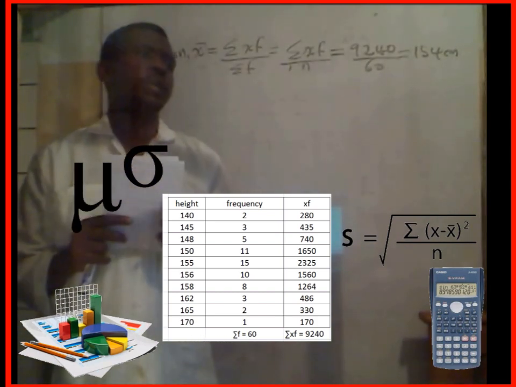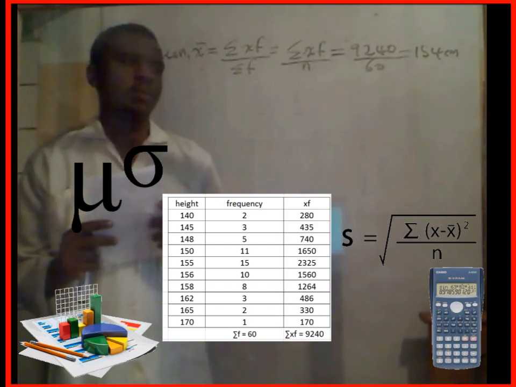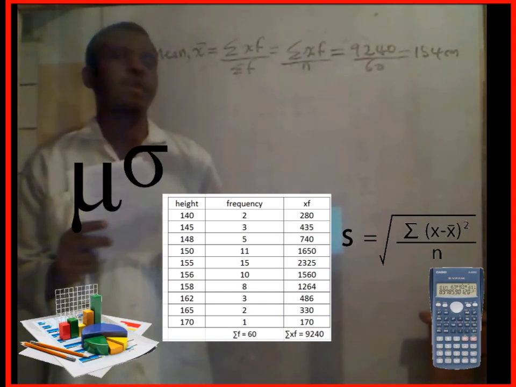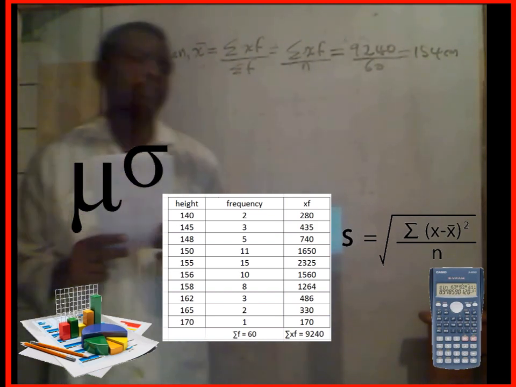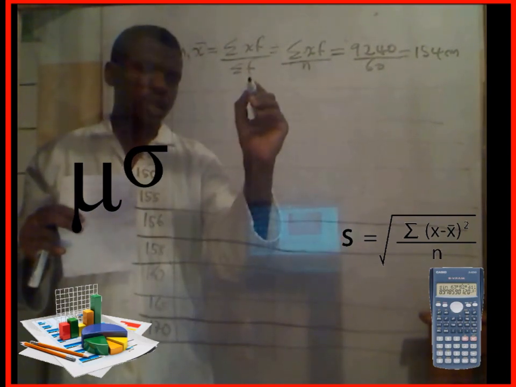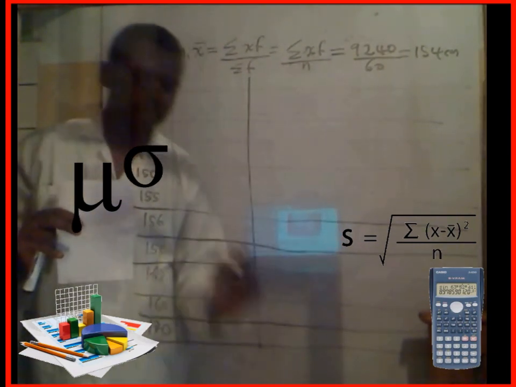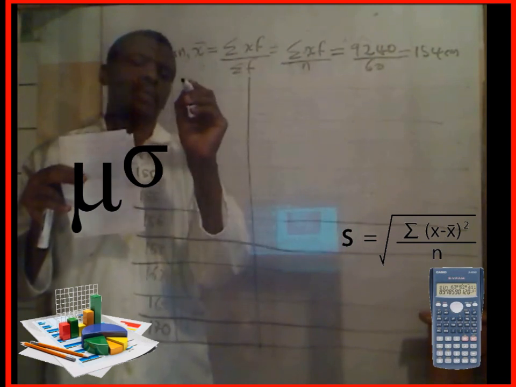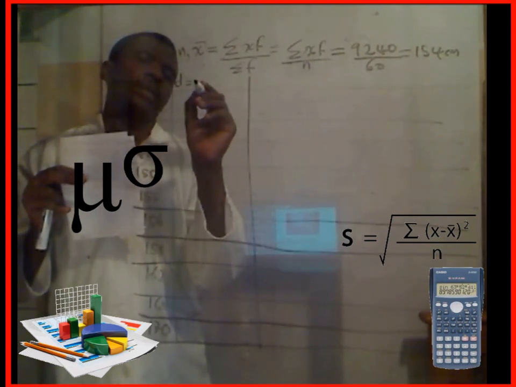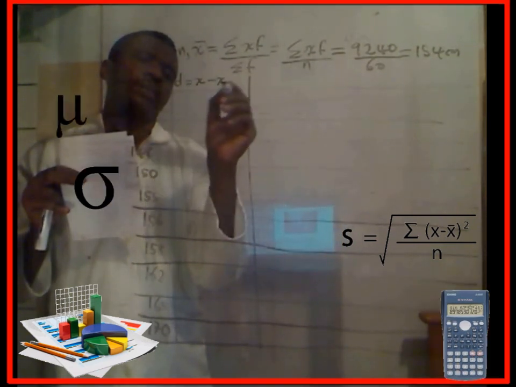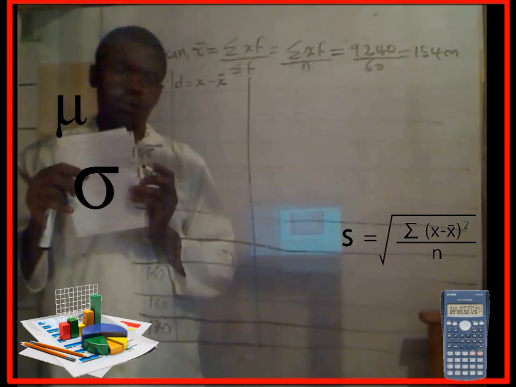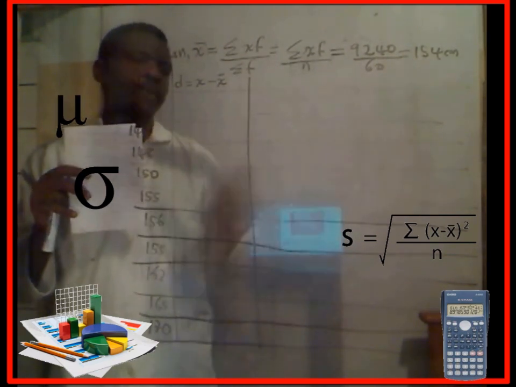So now, how do we get our standard deviation? We start by constructing another table where we shall have the deviations from the mean. We call this D, which is score minus the mean. Our mean there is 154.